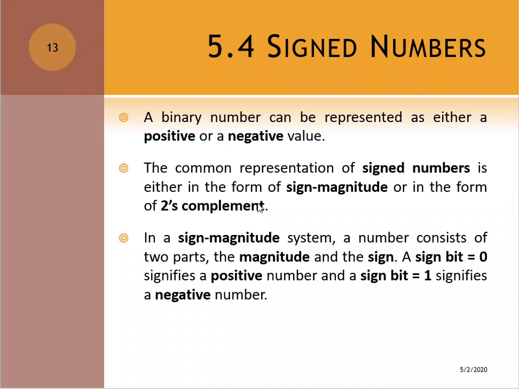The first approach is sign magnitude. The second one is two's complement. First we try to look at sign magnitude. In a sign magnitude system, a number consists of two parts, the magnitude and the sign. A sign bit 0 signifies a positive number and a sign bit equal to 1 signifies a negative number.